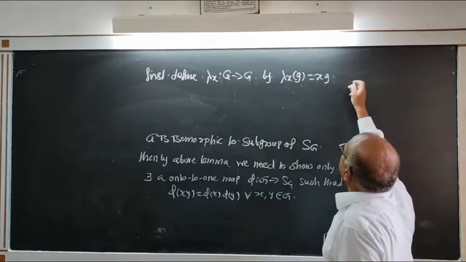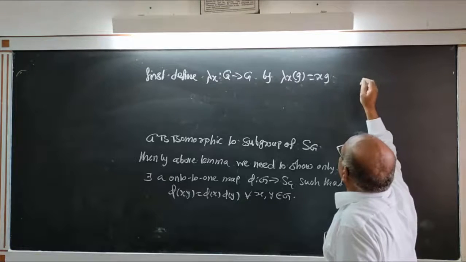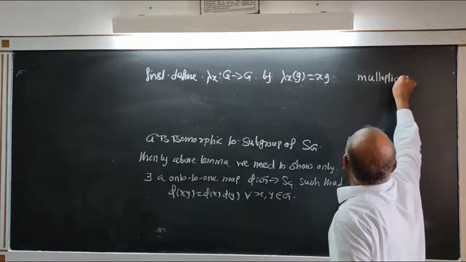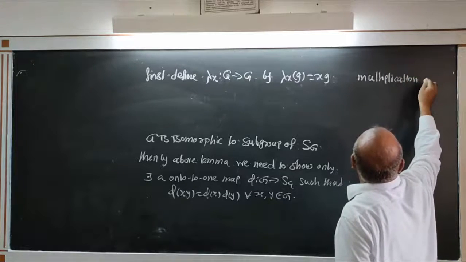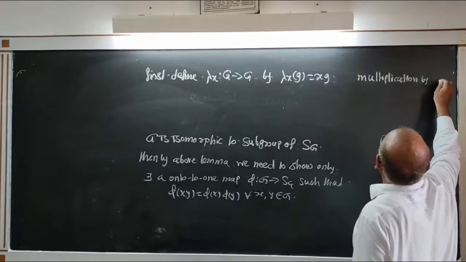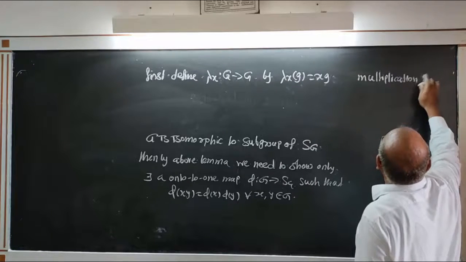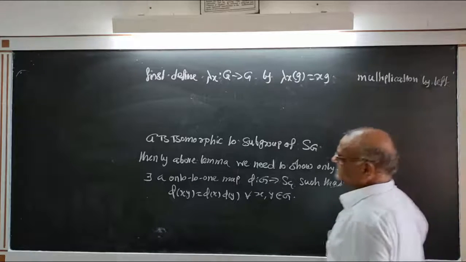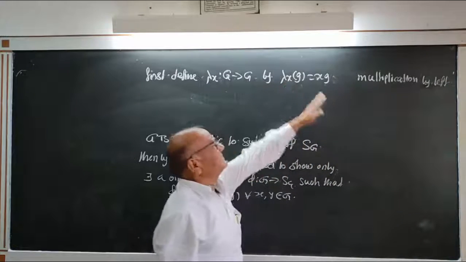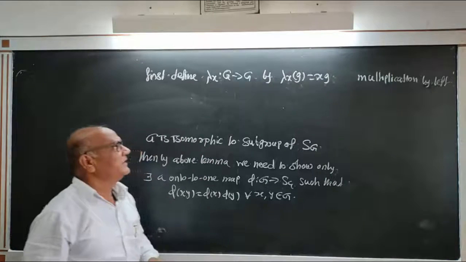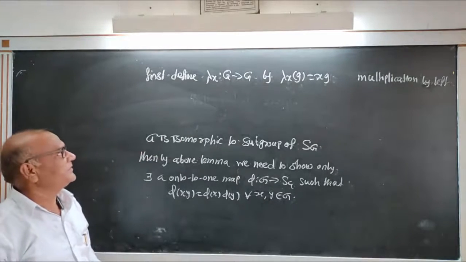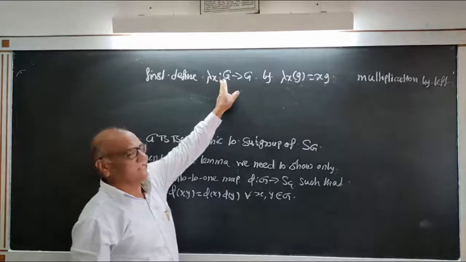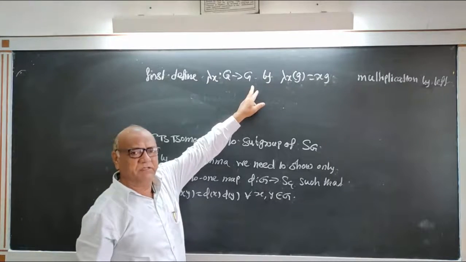That means multiplication by x on the left. Multiply x to the left side. Here, we show that lambda_x is a permutation.